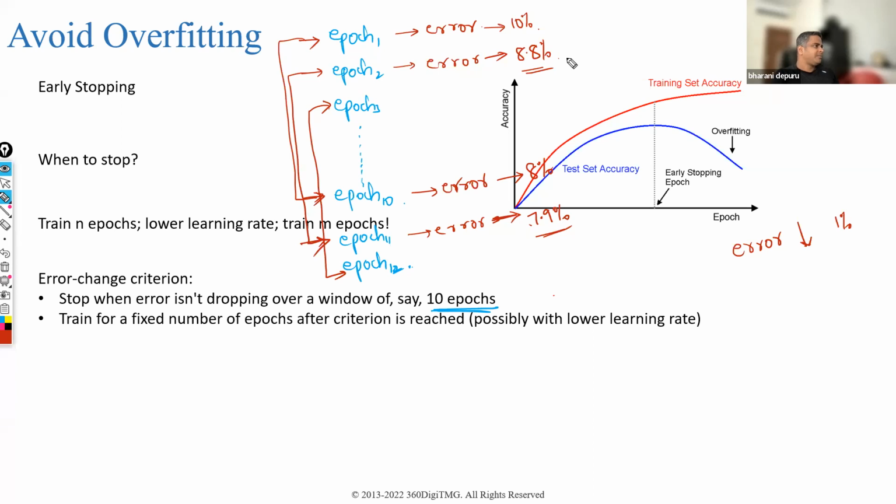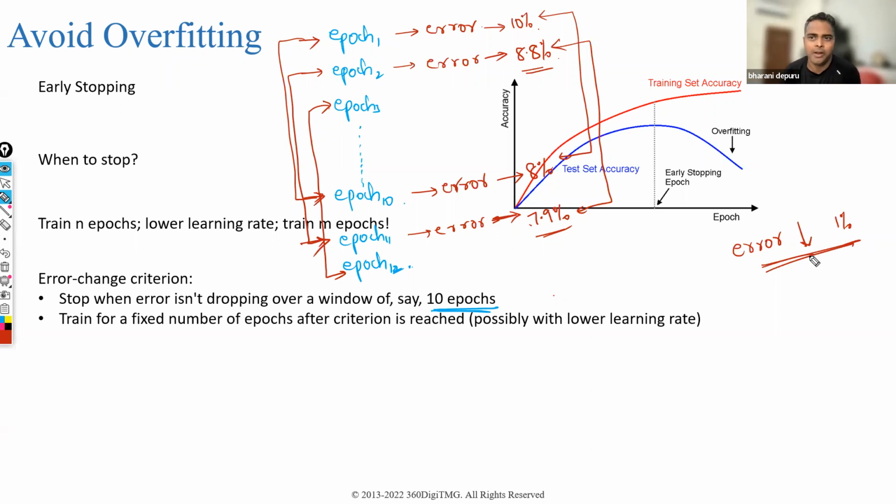So here, if you look at these two, the difference is 2%. But if you look at these two, the difference is only 0.9%, less than 1%. And what is your condition? Only if the error rate reduces by greater than or equal to 1%, only then continue running your algorithm.